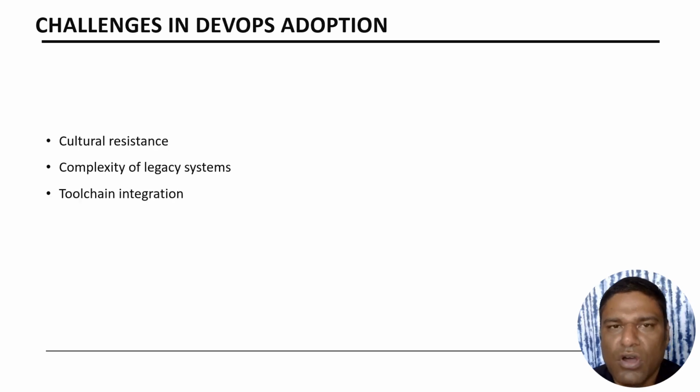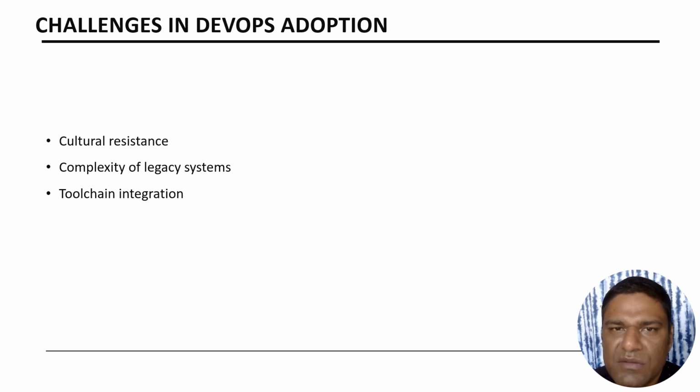While DevOps offers significant benefits, its adoption can also present challenges, particularly in organizations with entrenched silos and legacy systems. So silos are like large towers on a farm which are isolated from the outside world. Cultural resistance to change is a very common barrier, as DevOps requires collaboration, transparency, and willingness to embrace new ways of working.